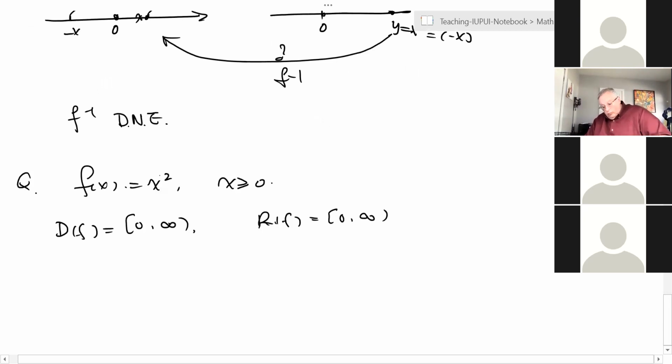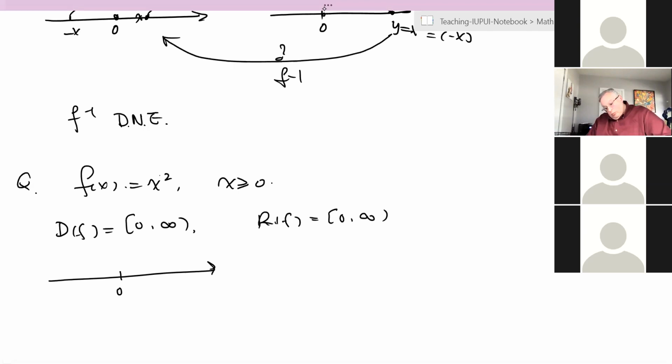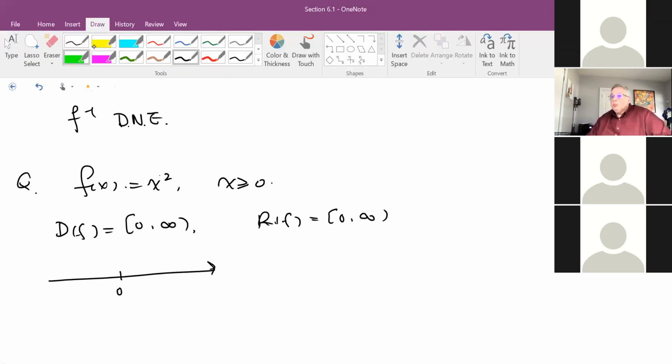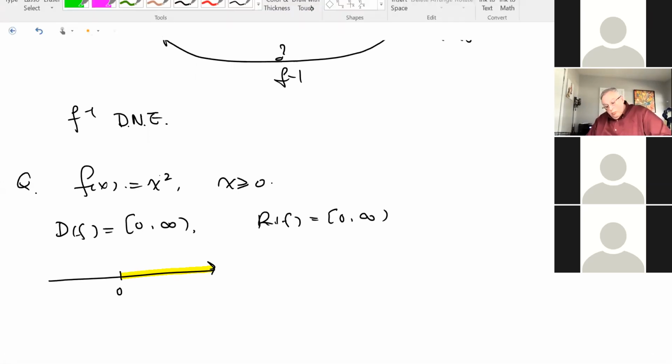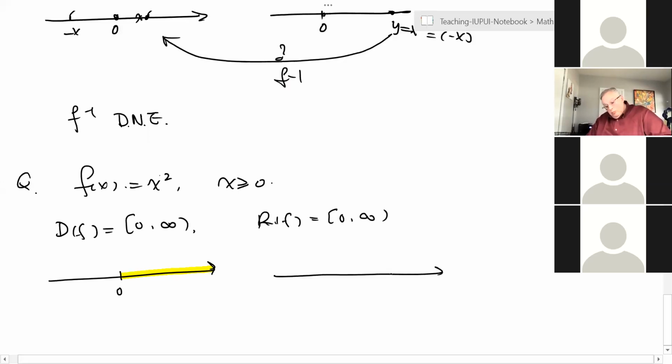But in this case, we can reverse the procedure. The domain is going to be this part, from 0 to infinity. The range is also from 0 to infinity.